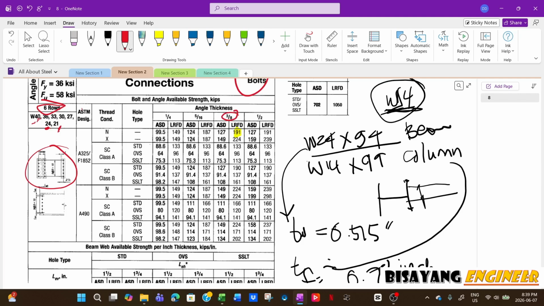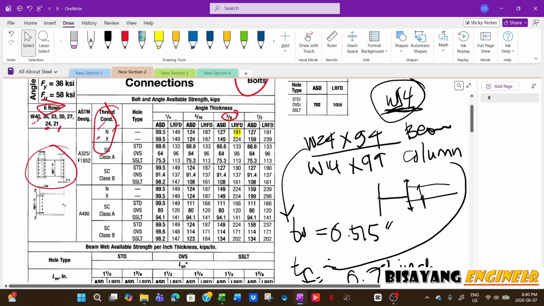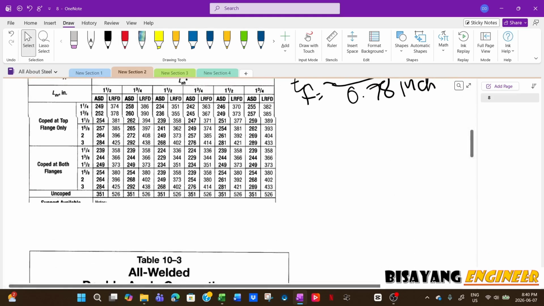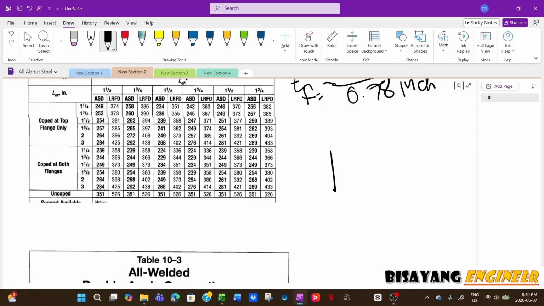So if you notice, you have your thread condition, you have your N and your X. So N meaning the thread is included in the shear plane. So for example, if you see a bolt, so if this is your bolt, some bolts have thread only right here in this section, and then there is a solid portion here. Now there are also bolts where the thread extends all the way here.